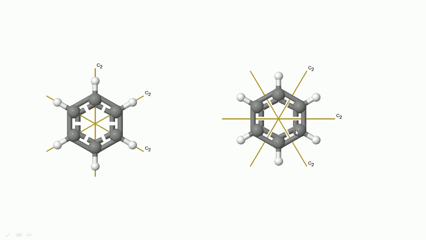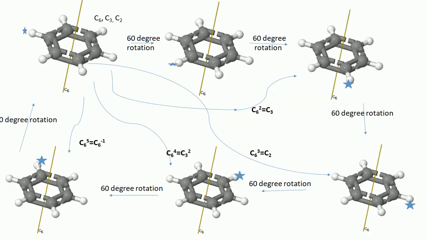You have two sets of C2 axes, and in the benzene molecule you have a C6 axis, you also have a C3 axis, you also have a C2 axis, you have a C6 inverse axis, and you have a C3 squared or C6 to the 4 axis.